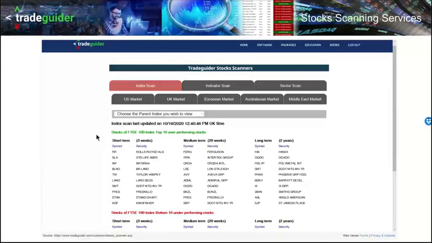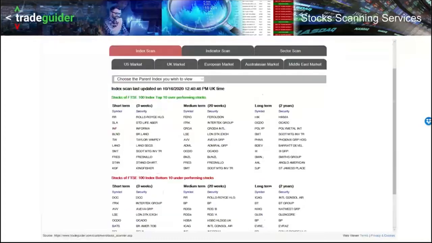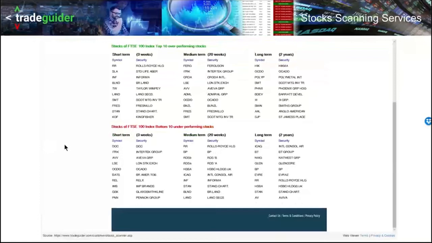If the stock overperforms or is acting better than the parent index, we are ranking those stocks, and then you're getting the top 10 out of that. At the same time we are selecting the bottom 10 based on the ranking, and you are getting those 10 underperforming stocks in the list.